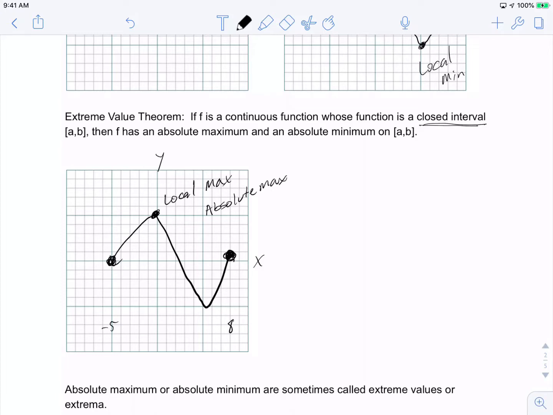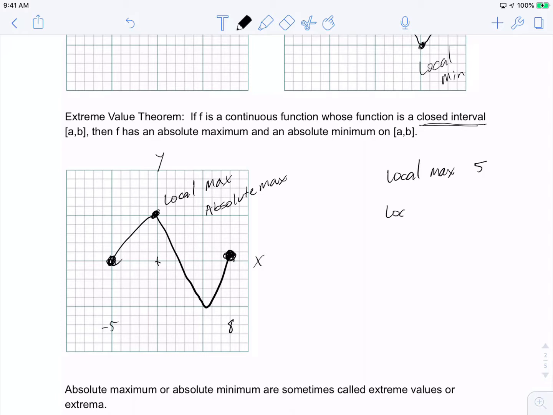And so if I were to ask you for local maxes, the local max for this would be 5, because we're talking about the value. If I were to ask where it was happening, you would give me the value for the x-coordinate, which is 0.